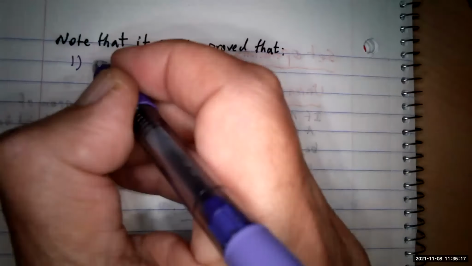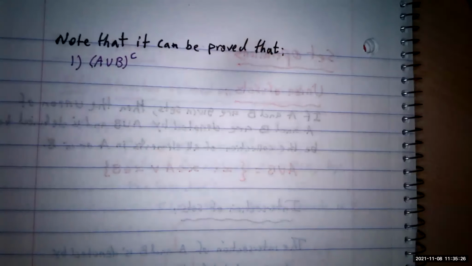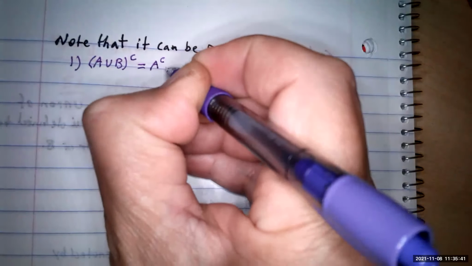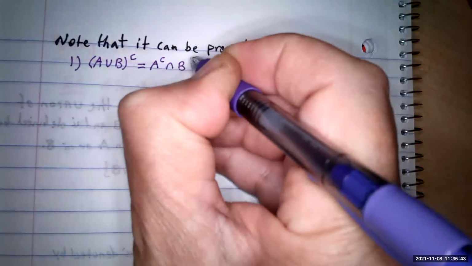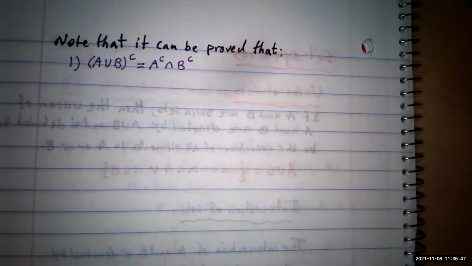Remember, this is A union B complement. It's like the negation of P or Q. Remember, the negation of P or Q would be negation of P and negation of Q. It's the same thing for the set. It's going to be A complement intersect with the B complement. That's the first version of the De Morgan law.